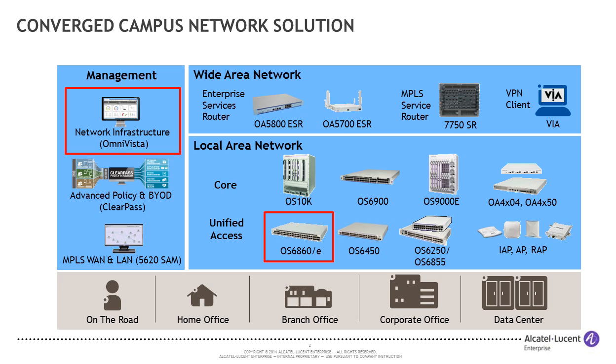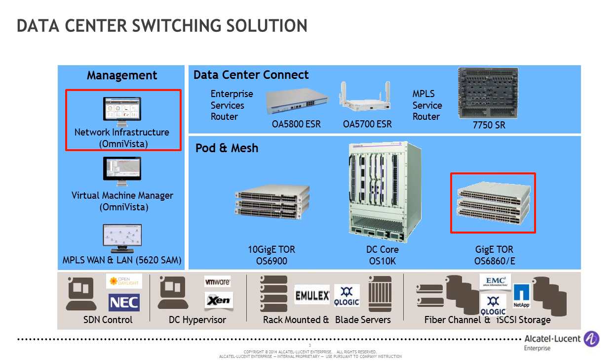The wireless solutions can be controlled or controllerless, and there's a wide range of products in the wide area networking domain as well. What's interesting about the 6860 and Alcatel-Lucent Enterprise Data Solutions in particular is that the products that you saw on the previous slide also show up in this slide, which is covering our data center switching solution.